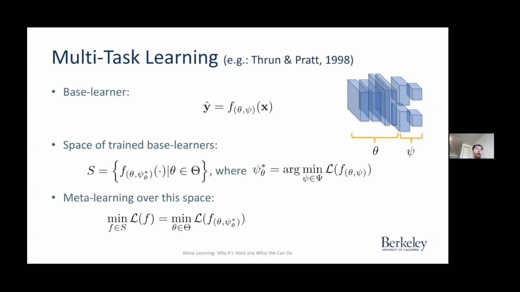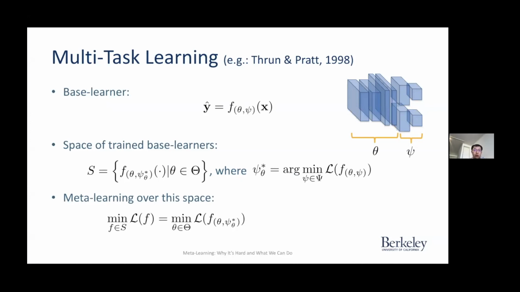Okay, so let's talk about the different meta learning formulations, by going over some of the existing methods that various authors have proposed. These have all been referred to as meta learning methods. The simplest is the regime of multitask learning.